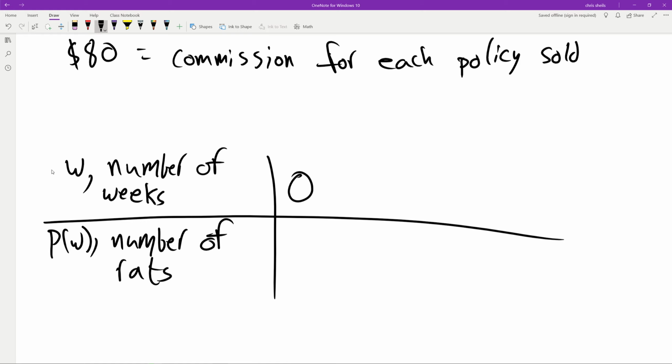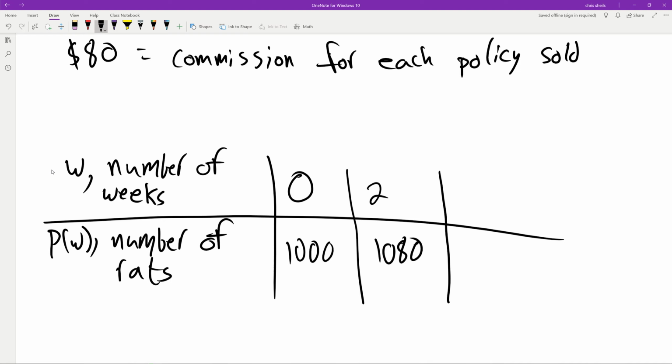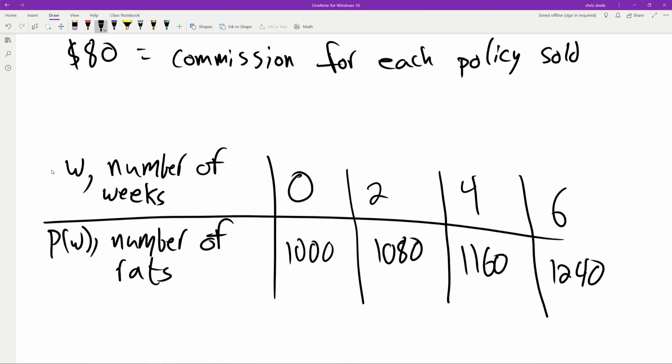Let's say we start off with 1,000 rats. After 2 weeks, that number increases to 1,080 rats. After 4 weeks, that number increases to 1,160 rats. And after 6 weeks, that number increases to 1,240 rats.